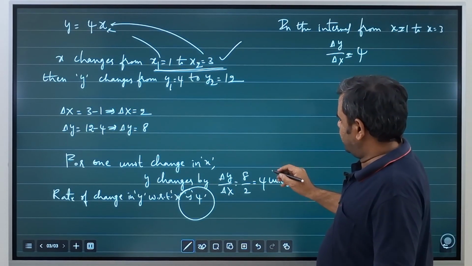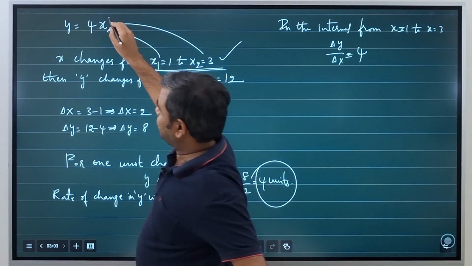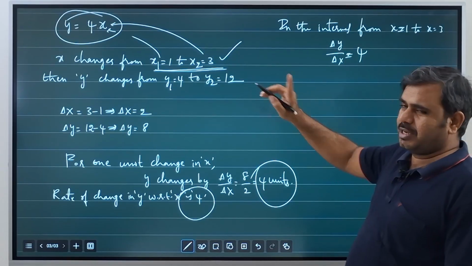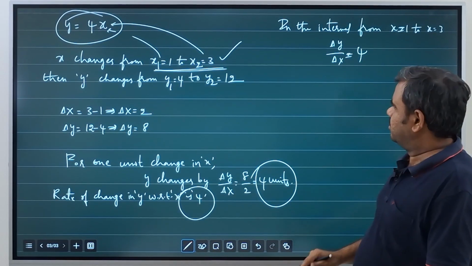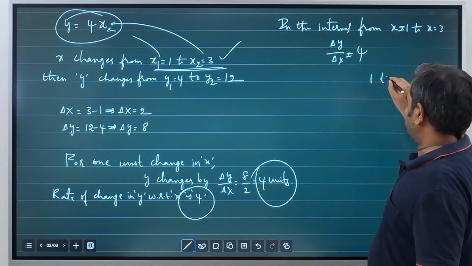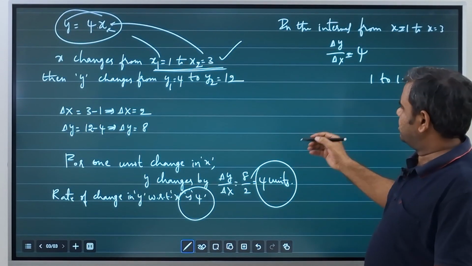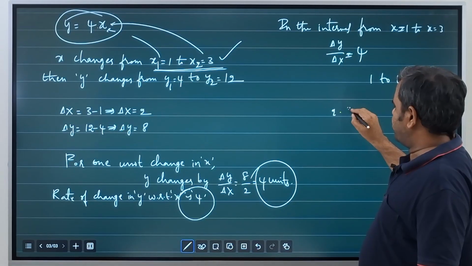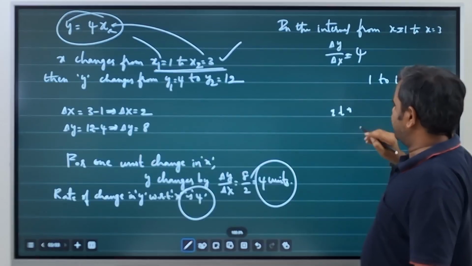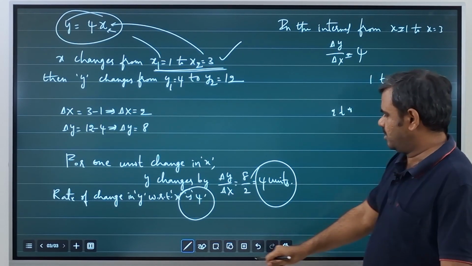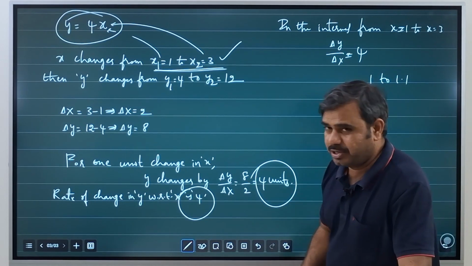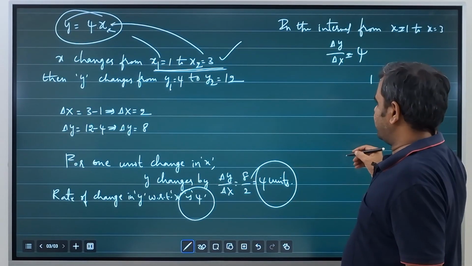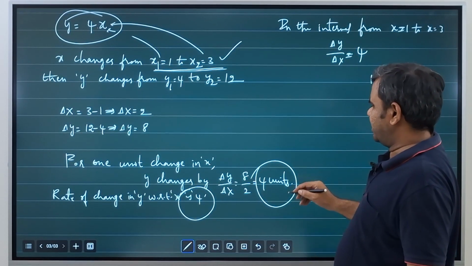If you do that, you will always get 4 units for this function, y is equal to 4x. For any interval, change the interval from 1 to 1.1, or take the interval from 2 to 2.2. Take any values of x you like. You will always get 4 units in this case.